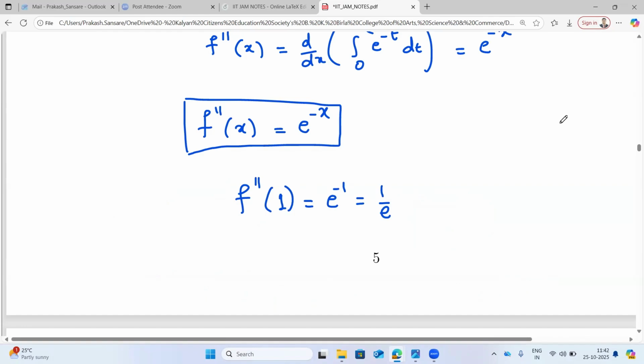So sometimes there are numerical type answers where you just have to write the answer. This kind of problem gives a lot of weightage in the JAM examination, so this will definitely help you. Or f dash at any point you can easily calculate if you know f double dash x in general.